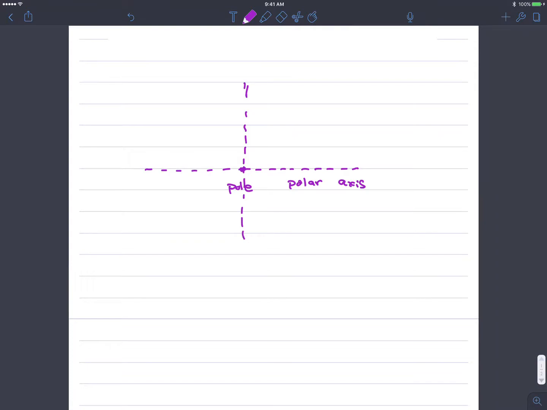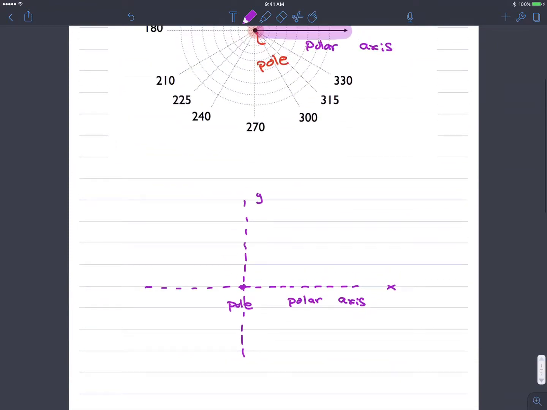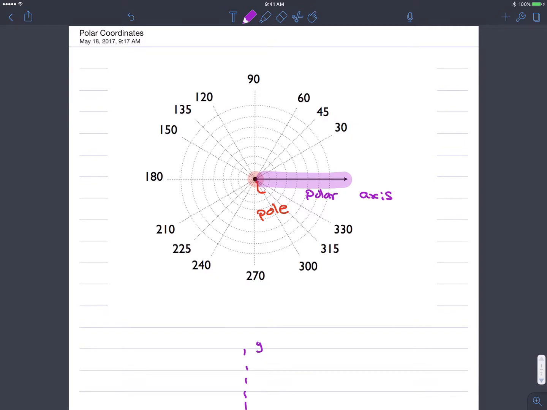Because really there's a relationship between this Cartesian coordinate system and your polar graph here. Okay? This is really the x-axis and you have the y-axis. So what's going on with this polar graph is you do have an imaginary x-axis and y-axis.